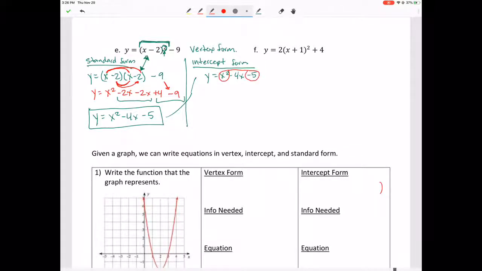We multiply the first and last terms, that gives us negative 5x squared, and two things that add up to give us negative 4x, that will give you negative 5x and a positive 1x.